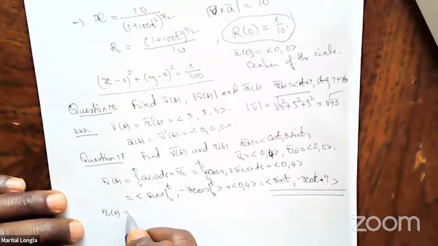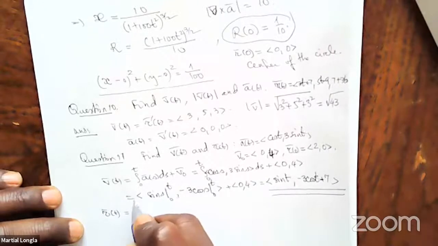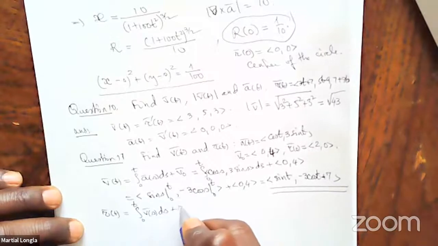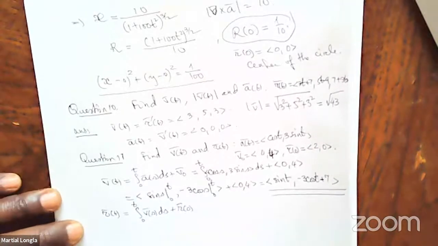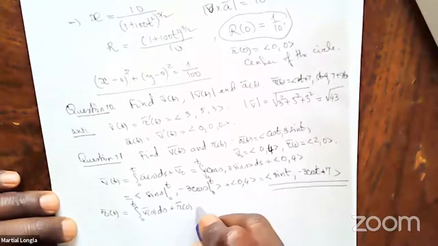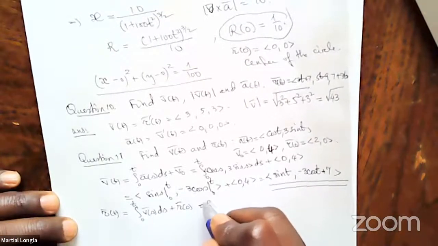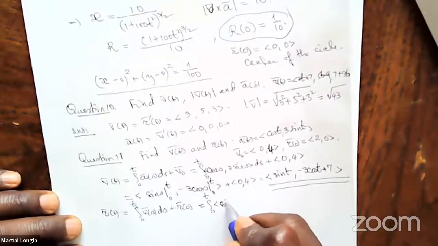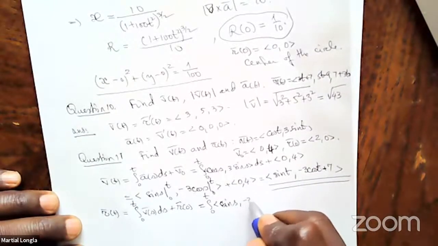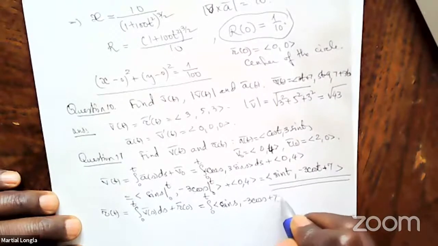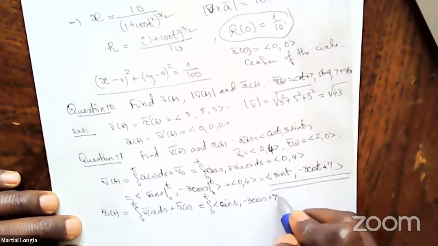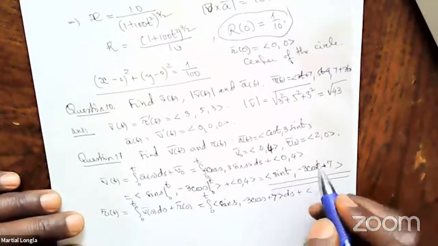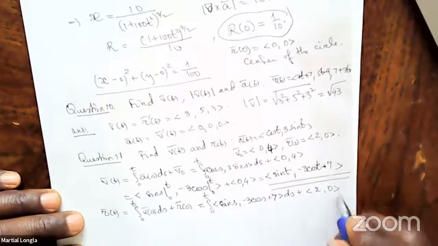Then you get r of t, that's integral 0 to t of v of s ds plus r of 0. And that's integral 0 to t of v of s, that's sine s, negative 3 cosine s plus 7, ds plus r of 0, which in this case is 2, 0.